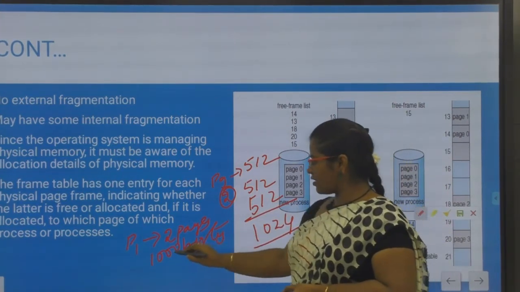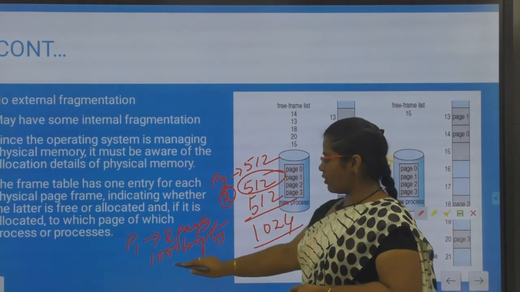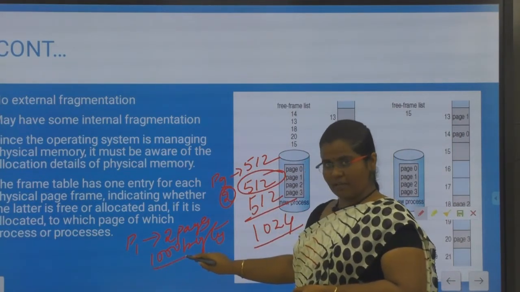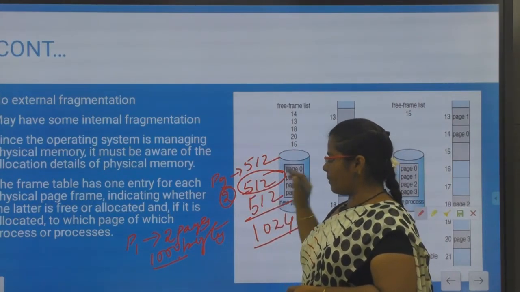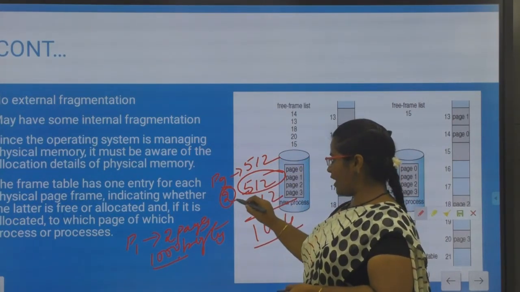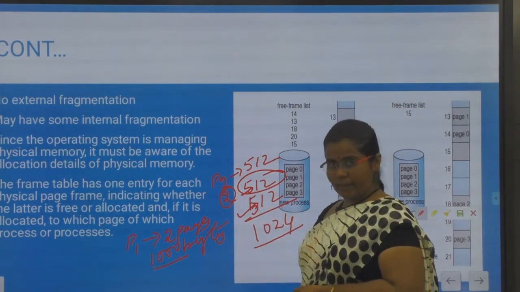In this, the first page will be of size 512 bytes. The total size of my process is 1000 bytes, so 512 bytes will be stored as page 1. In page 2 the size is 512 bytes.